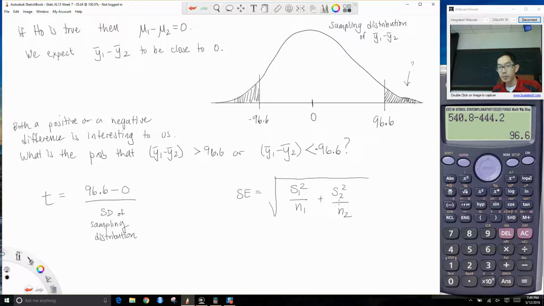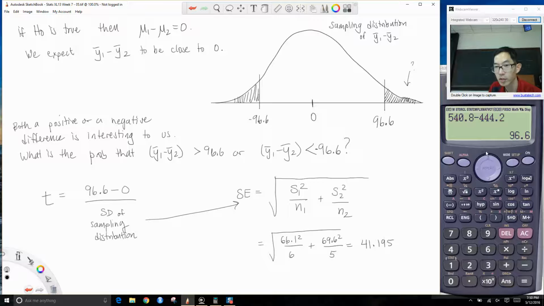So just plugging in the values that we have, we have 66.1 squared over 6 plus 69.6 squared over 5, and I end up getting 41.195.